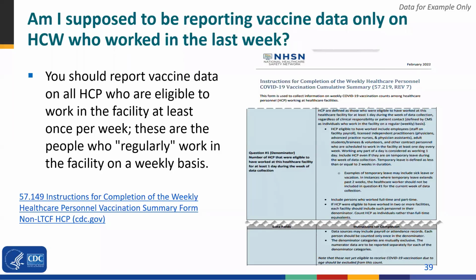So this does not include people who maybe work in the facility once a month, or they're not regularly scheduled to work in the facility. Those individuals would not be included. So please refer to our table of instructions and frequently asked questions for some examples and more information on who to include.